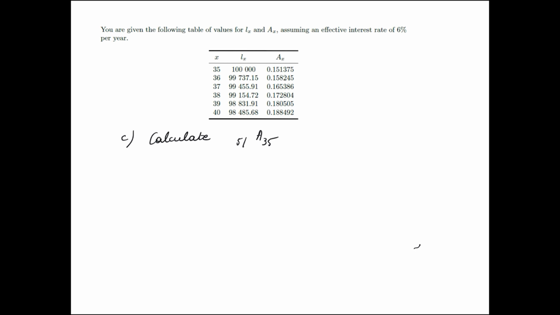So if you look at a timeline of this product, you're going to look at the following settings. So we have a 35-year-old at time 0. So we've got time and we've got age. And we need to take into account the first 5 years as a period of deferment, right? So the death benefit is guaranteed from here on.